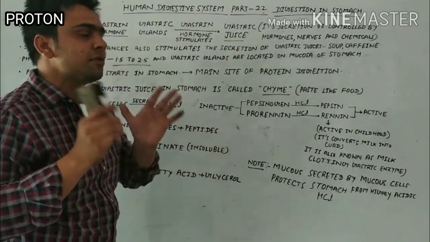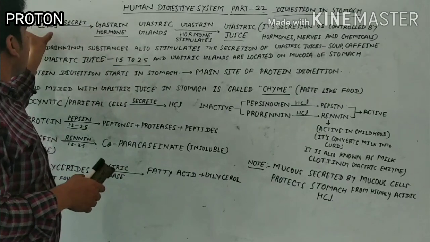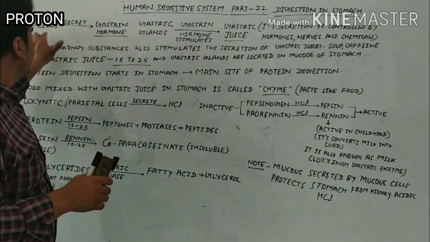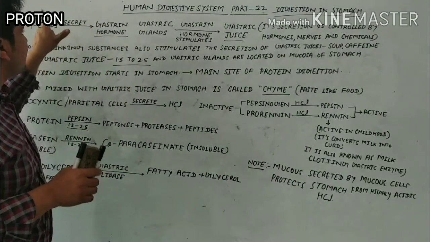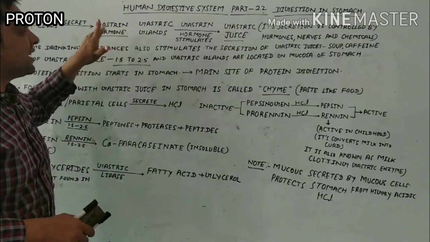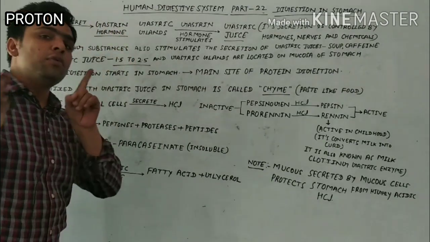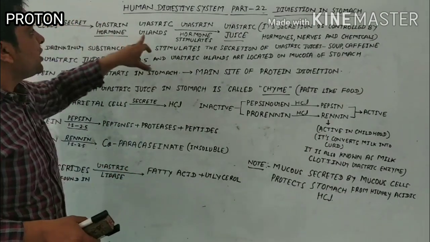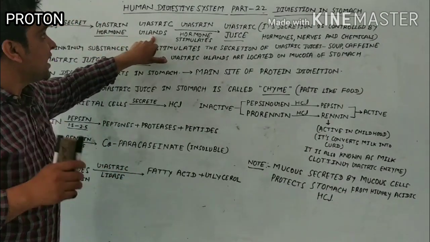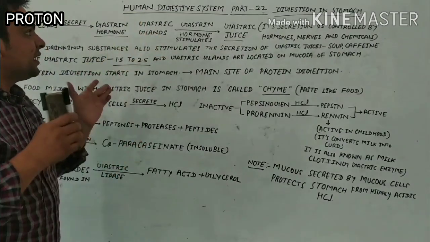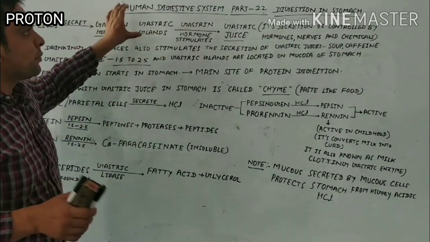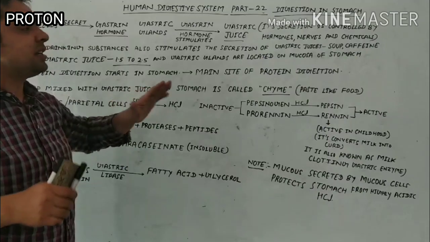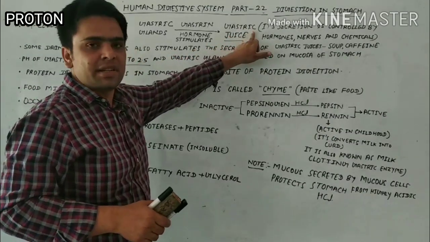So I mean to say that some special cells are found in our stomach. These are known as G cells, and G cells secrete a very special hormone that is known as gastrin hormone. And when food enters the stomach, this gastrin hormone stimulates our gastric glands, and these gastric glands produce or secrete a special juice that is known as gastric juice.